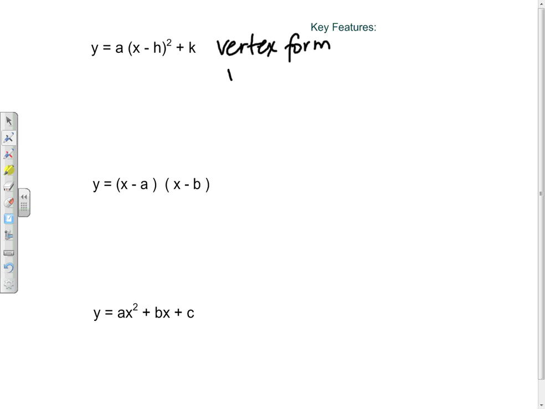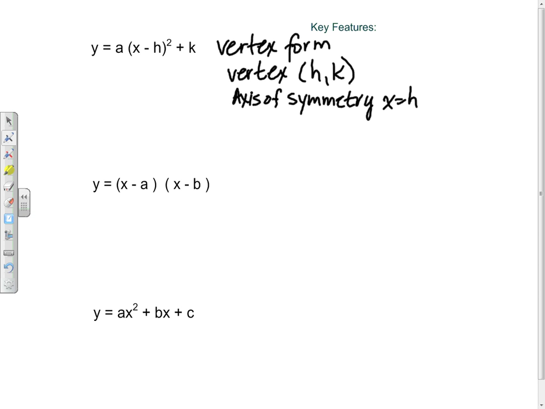The easiest thing to find is the vertex. It comes from the h value and the k value, the left and right translation, the vertical translation, up and down. Therefore, it is easy to find the axis of symmetry. It is always x equals the h value, being careful of your lefts and rights.